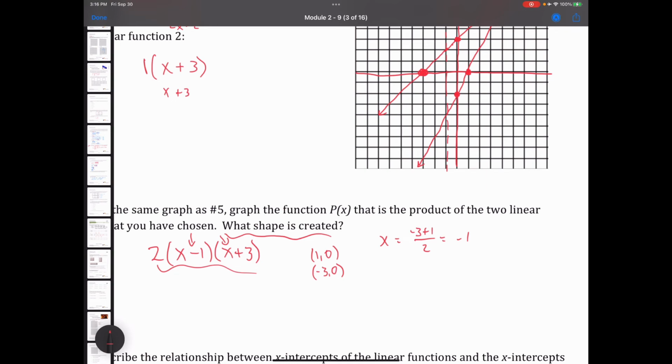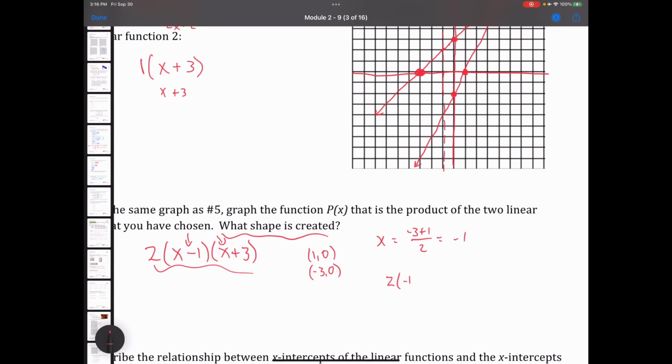To find the y of the vertex, I'll plug that negative 1 in. And I get 2 times negative 2 times positive 2. 2 times negative 2 is negative 4, times positive 2 is negative 8. So my vertex is going to be at negative 1, negative 8.